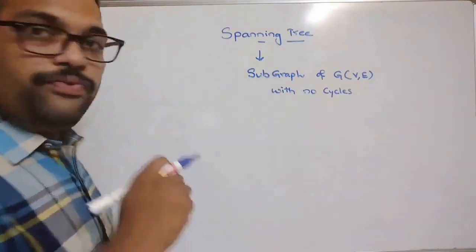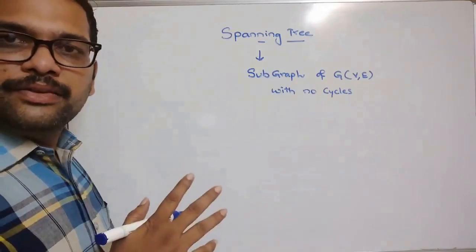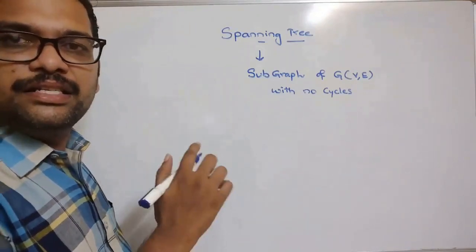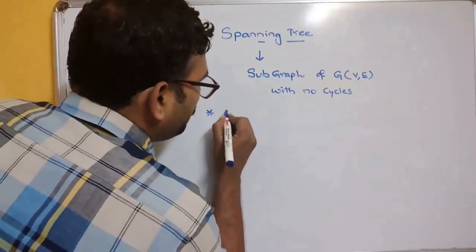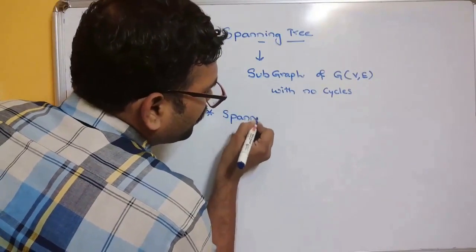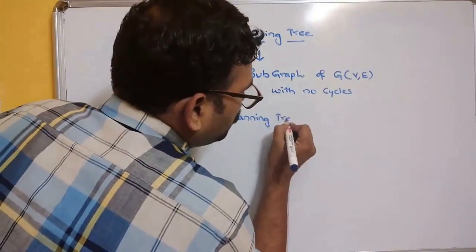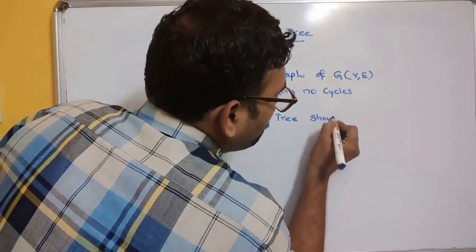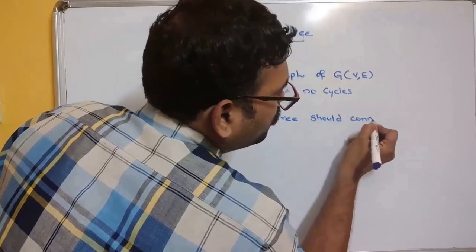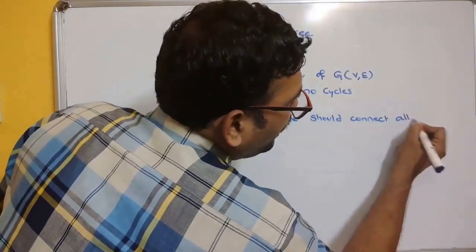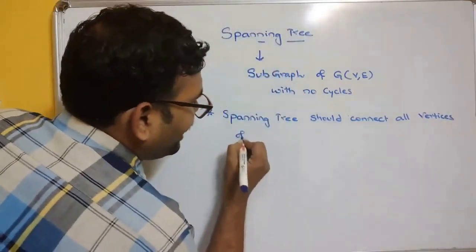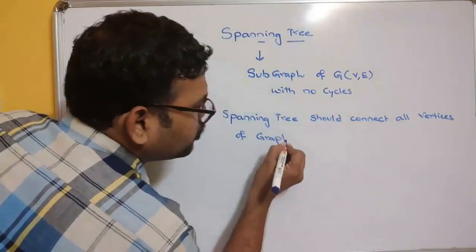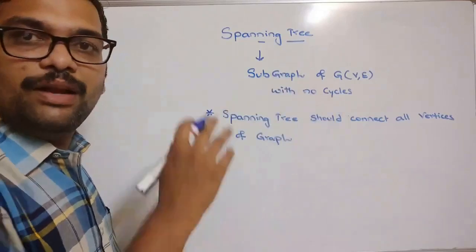Now, we need to follow a few rules while constructing this spanning tree. The first one is, the spanning tree should connect all vertices of a graph, right? So it should contain all the vertices which are available in the graph.